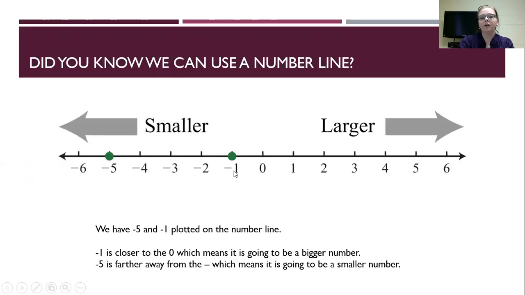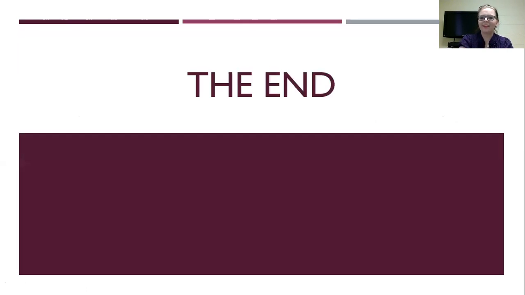So negative 1 is only 1 spot over, and then negative 5 is 5 spots over. Negative 5 is the farthest away from the 0, and that's going to make it the smaller number, and negative 1 is going to be the bigger number. And that is how we can order decimals and real numbers. I hope you enjoyed it and have a wonderful day.